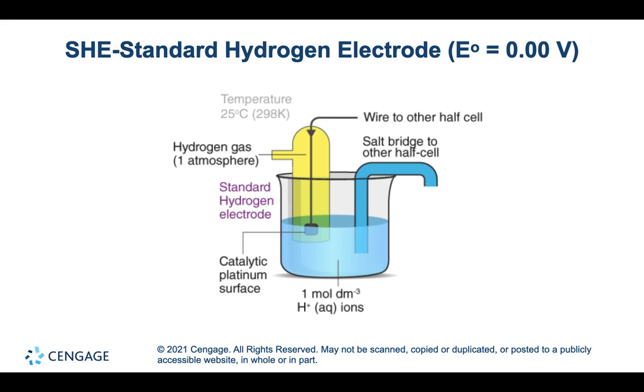Now, because you don't have any metal, H plus is an ion and H2 is a gas, you would actually have to have the H2 gas supplied as 1 atmosphere of pressure, and you'd have H plus ions in the water as 1 mole per liter.